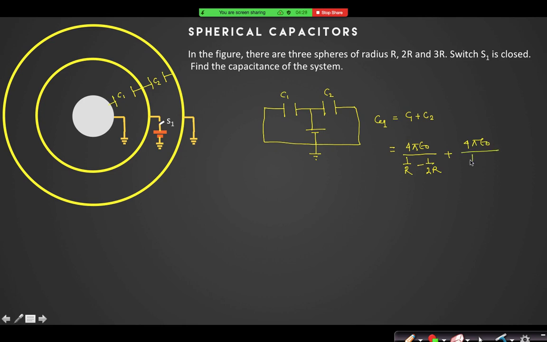C2 is equal to 1 by 2r minus 1 by 3r. So this is 1 by 2r only, that is 8 pi epsilon naught r, and that is 1 by 6, 24 pi epsilon naught r. So the answer is 32 pi epsilon naught r. That should be the answer for this question.